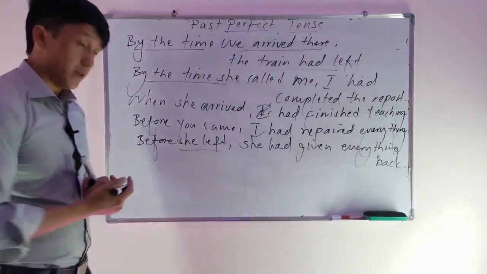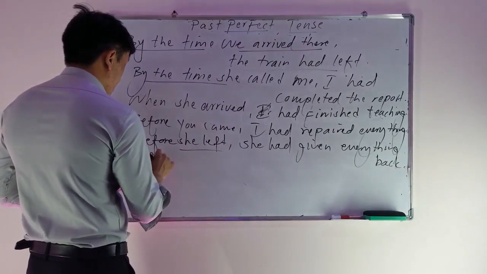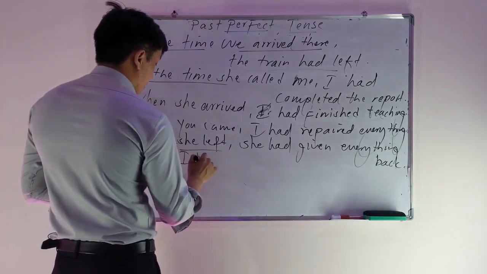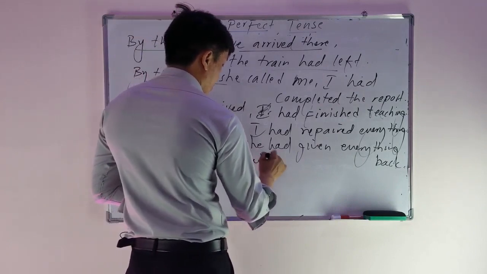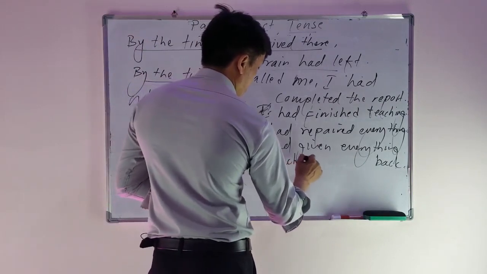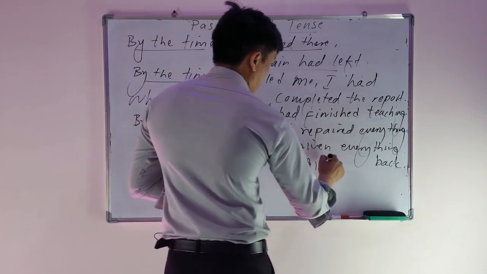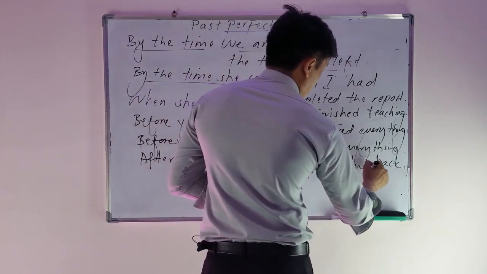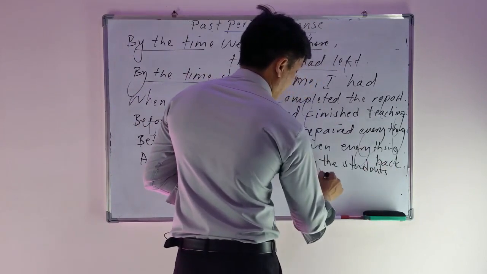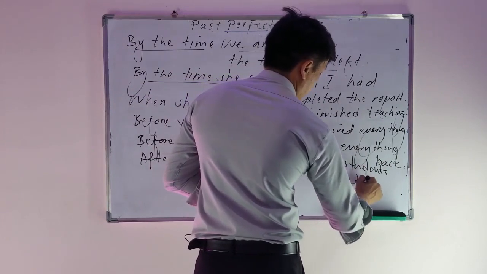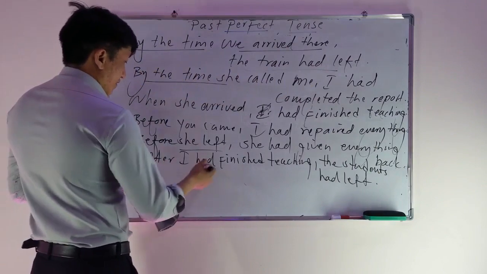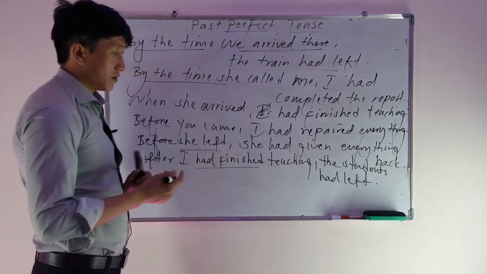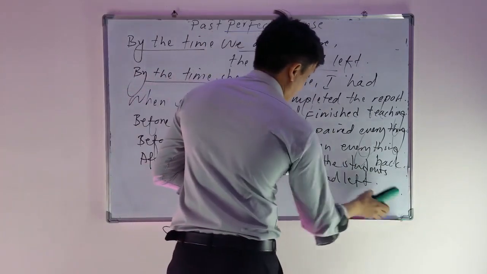But if you use after, for example, you can say after I had finished teaching, the students had left the class. But here you can also say after I finished teaching, the students left the class.